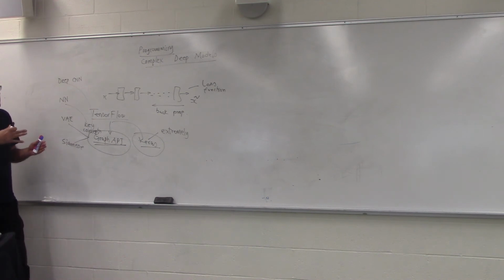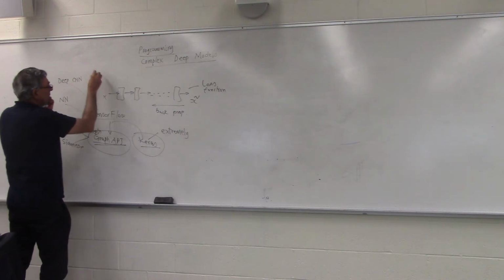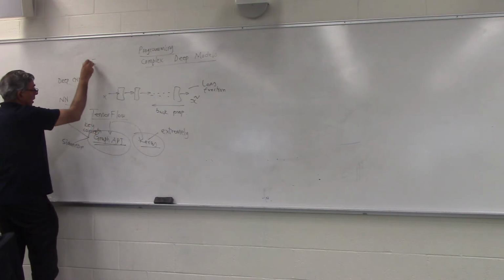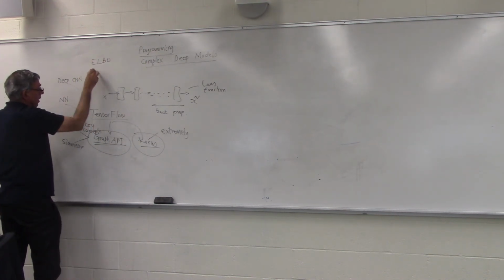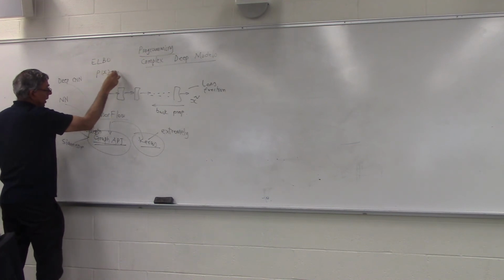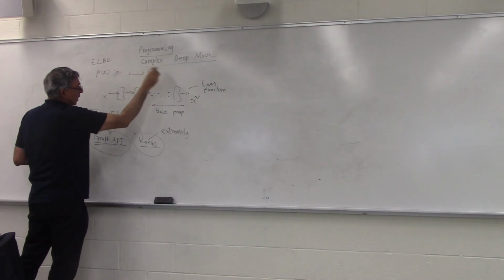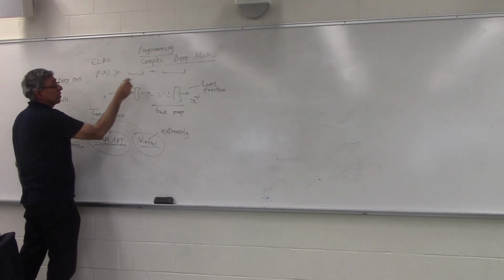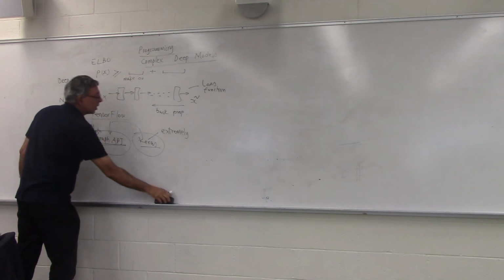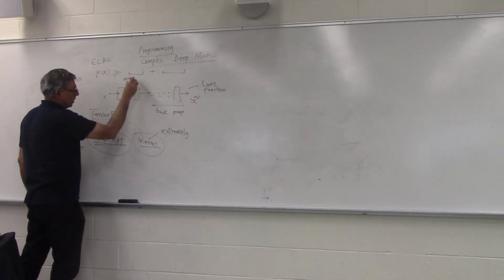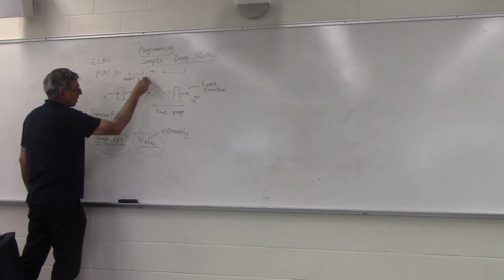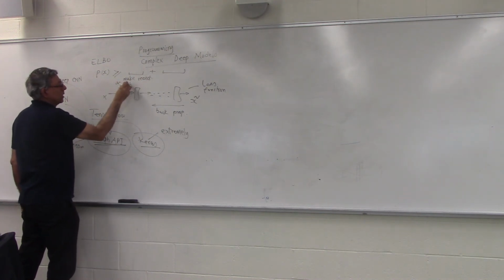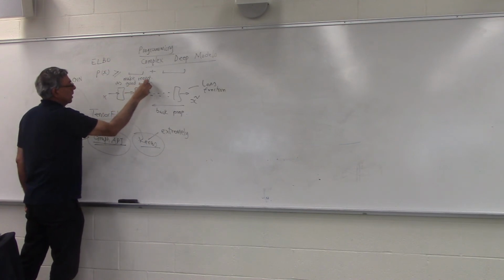But if you're investigating, for example, our loss function, the evidence lower bound, where we were trying to make P of x bigger, there were two terms. One term, if you recall, was trying to make the reconstruction as good as the input, correct?